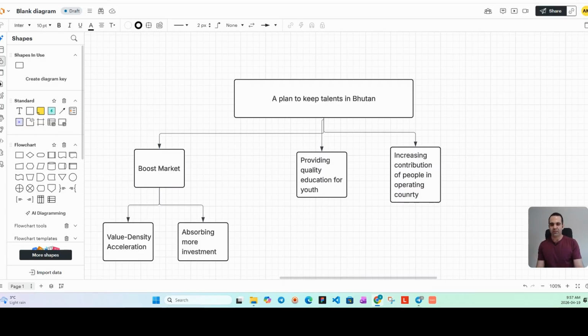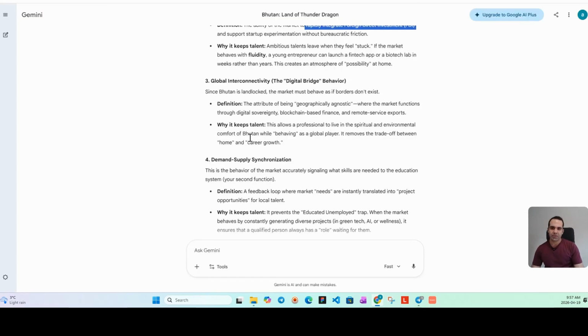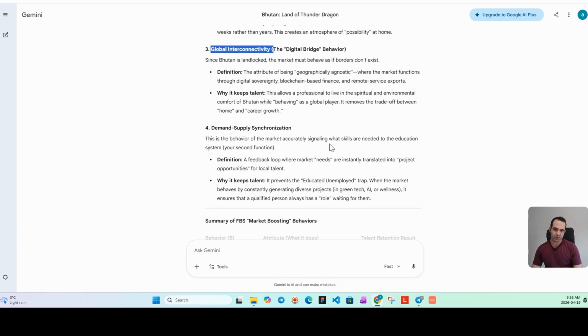So we need to absorb more investment, we need value density acceleration. I didn't get this one: global interconnectivity. Since Bhutan is landlocked, the market must behave as if borders don't exist. Definition: the attribute of being geographically agnostic, where the market functions through digital sovereignty, blockchain-based finance, and okay.